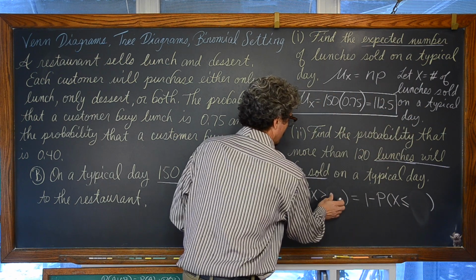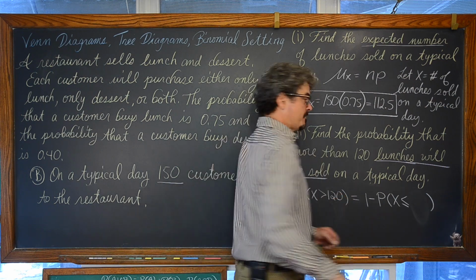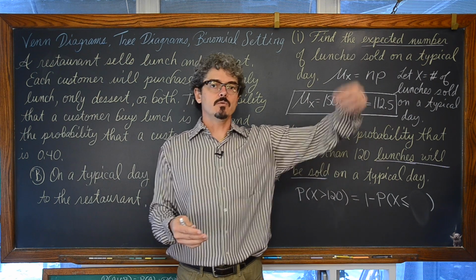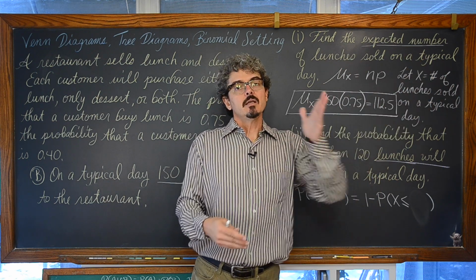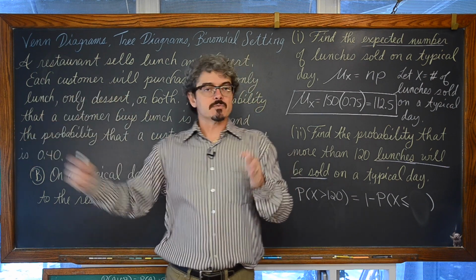So we want to find the probability that the number of lunches sold is greater than 120, and the complement to selling 121, 122, 123 up to 150 is 120 down to 0.